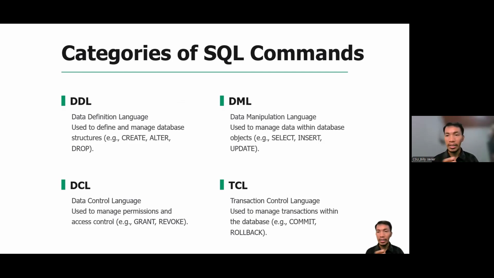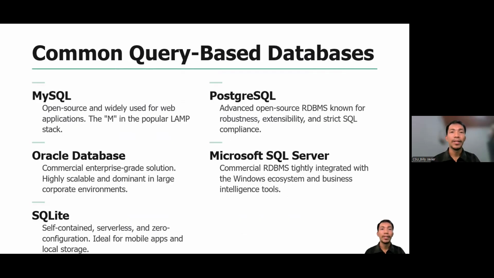These categories are implemented across various database systems, and let's look at some of those systems now. While SQL is a standard, it's implemented across various database systems, each with unique strengths, presented here.